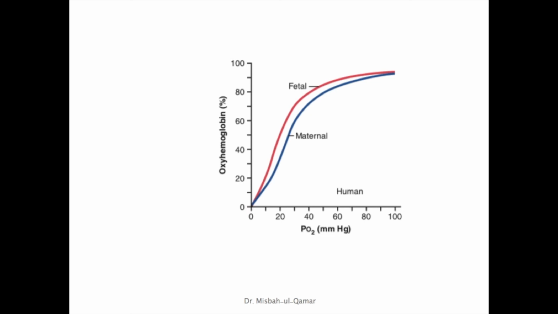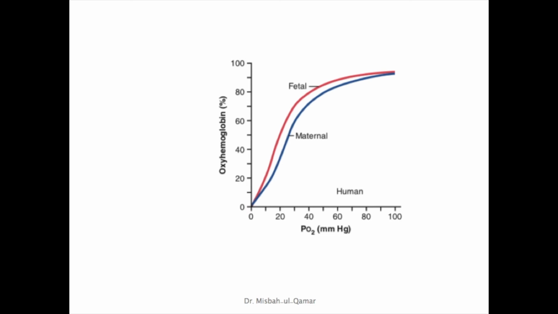The fetal blood entering the placenta carries large amounts of carbon dioxide, but much of this carbon dioxide diffuses from the fetal to the maternal blood, and loss of carbon dioxide makes the fetal blood more alkaline and maternal blood more acidic. And then there is a double Bohr effect.